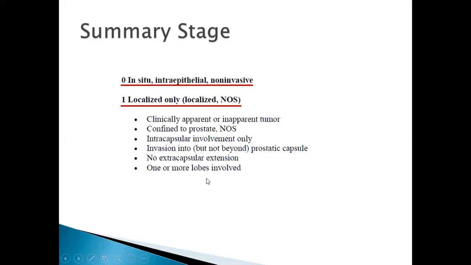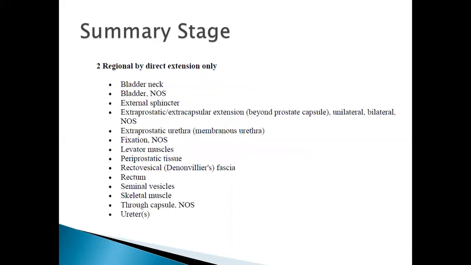If the pathology report states that there's extraprostatic or extracapsular extension, you know it's no longer a localized tumor, okay? Because a localized tumor does not have extracapsular or extraprostatic extension. It has to be confined to the prostate. So localized for prostate is pretty simple.